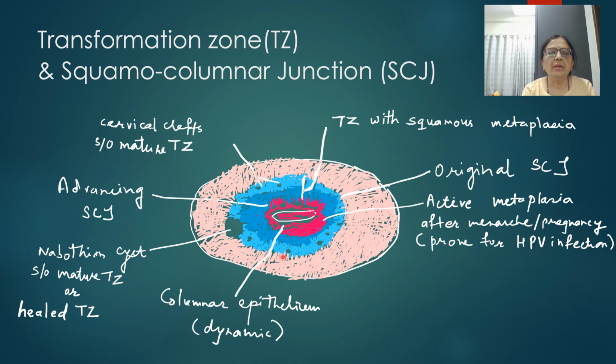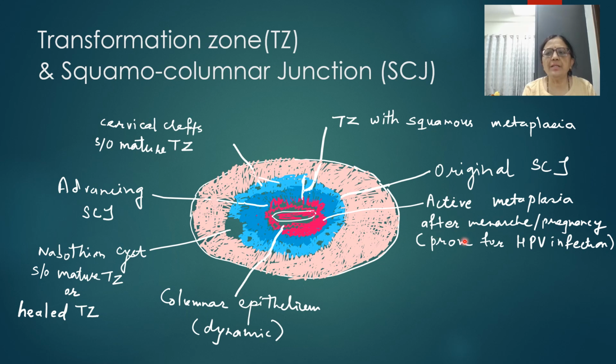This advancing squamocolumnar junction is very active, and maximum cellular changes are happening there. Active metaplasia is taking place nearer the squamocolumnar junction, which is nearer the external os.